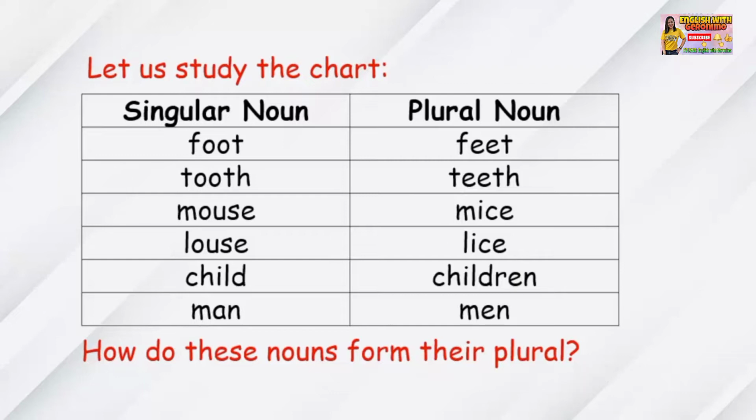Let us read first the words: foot, feet; mouse, mice; louse, lice; child, children; man, men. Now how do these nouns form their plural?